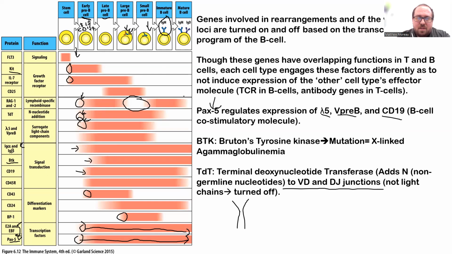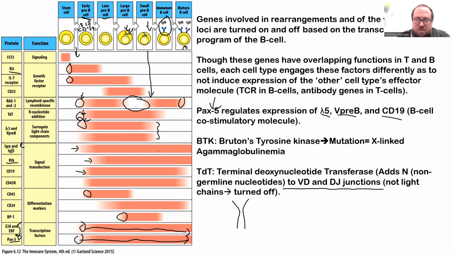And if it does, this is what turns RAG off, and you get functional production of B cells. And a lot of the genes that help push the B cell on its trajectory are shut off around the time where VJ recombination occurs in the light chain, including expression of the surrogate light chain lambda 5 and V-pre-B.